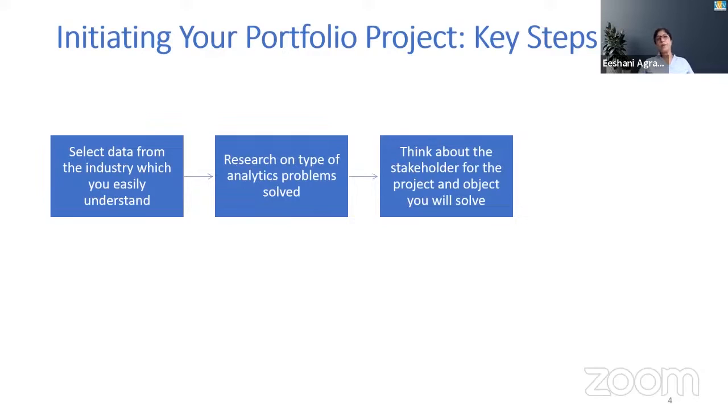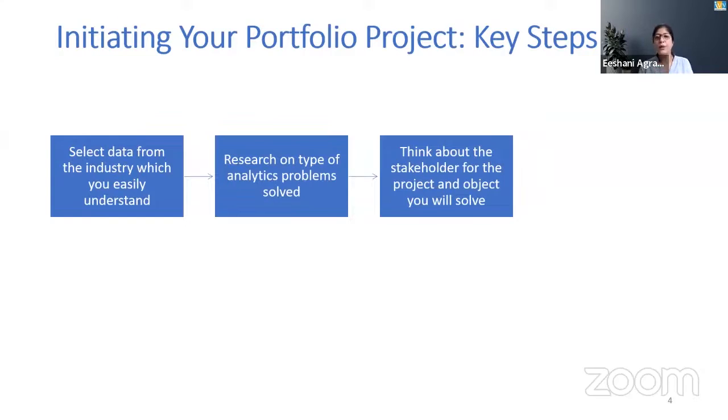Once you understand what the business problems are, the next thing, before you attack your data set or work on your project, is to figure out for whom you are going to do it and what business problem you are going to solve with it. What is my objective? For whom am I doing it, and what business problem am I solving for that person?